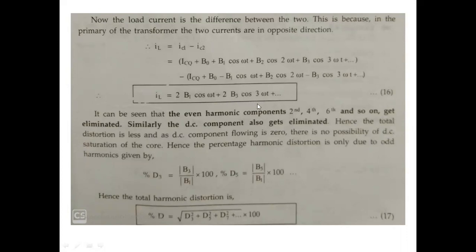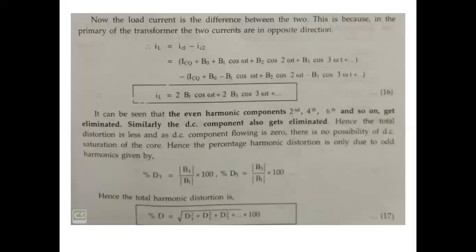So this is the load current or the output current of the class B push-pull amplifier. If you observe the expression, the load current is in terms of odd harmonics, that is cos 3 omega t, cos 5 omega t, cos 7 omega t, and so on.